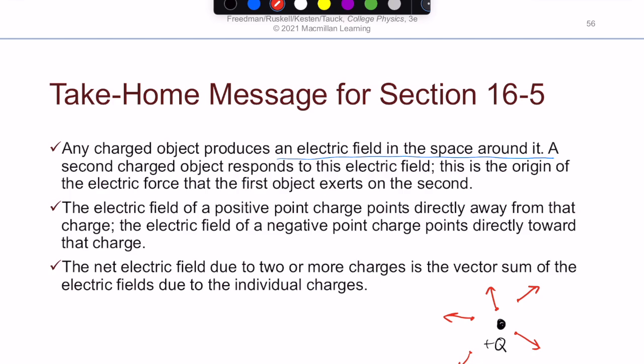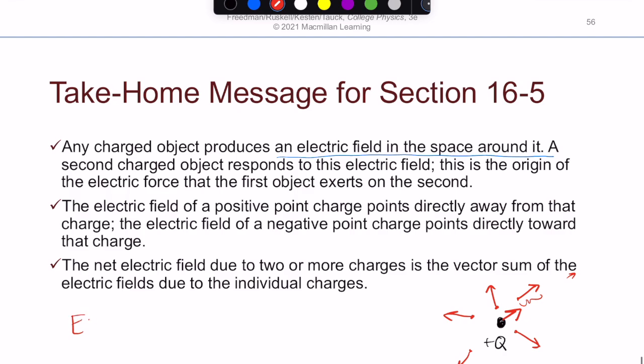The size of this is going to depend on how close we are to Q. The farther away you are, it's going to be small. The closer you are, it's going to be big. And then the magnitude is given by something that looks just like Coulomb's law. And then the net electric field of two or more charges, we can add those vectors together.